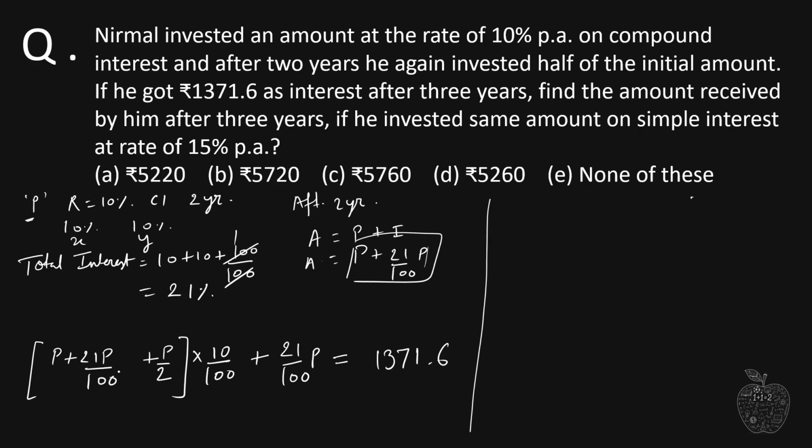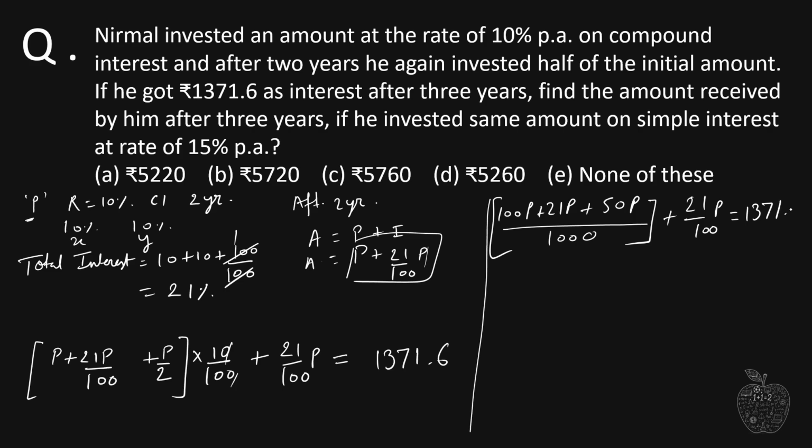So let's see what we can do here. Zeros get cancelled. Let's take 100 as the LCM, so we get 100P plus 50P, and 1 by 10 gets multiplied here, so we get divided by 1000, plus 21 by 100P is equal to 1371.6.